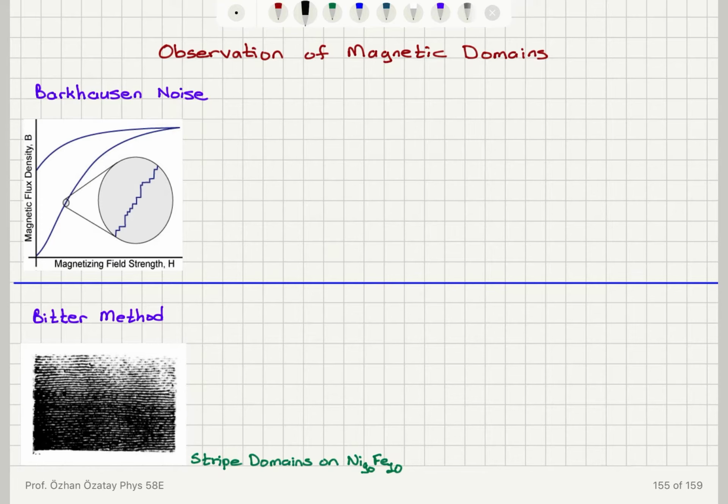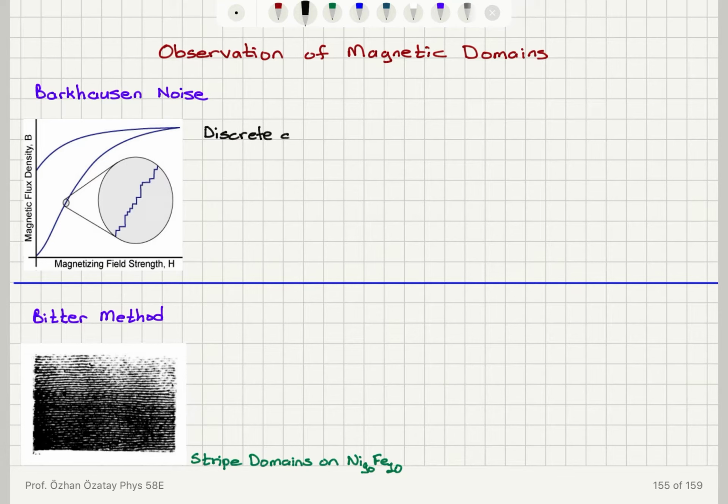So these discrete changes are signatures of domain walls that are going through discrete jumps as they sweep through the specimen.